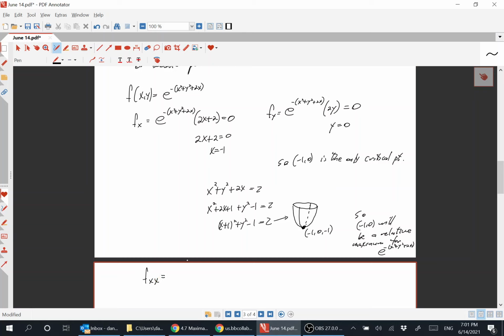fxx. So we have to use the product rule. So that's e to the minus (x squared plus y squared plus 2x). Oh, there's supposed to be a negative here, actually. And there's also supposed to be a negative here.